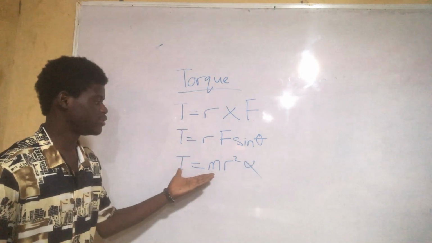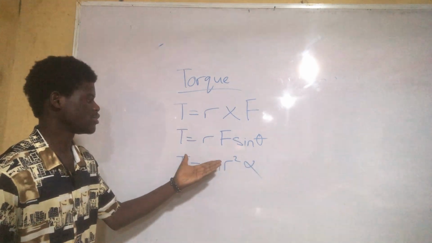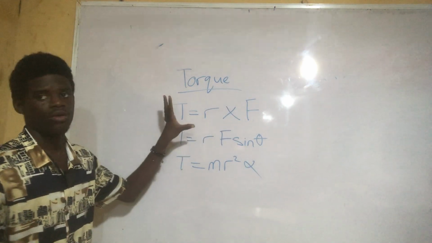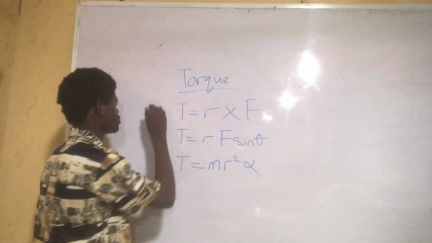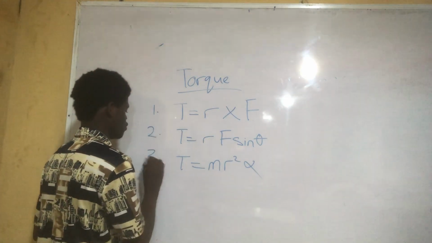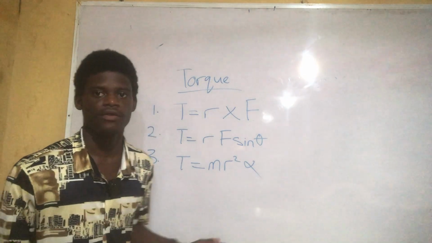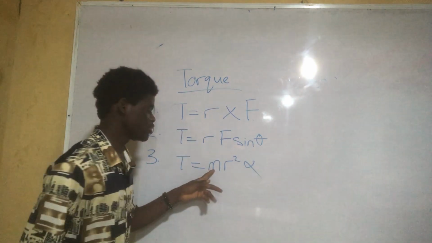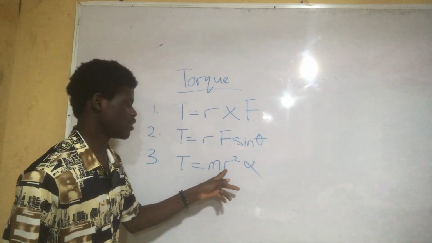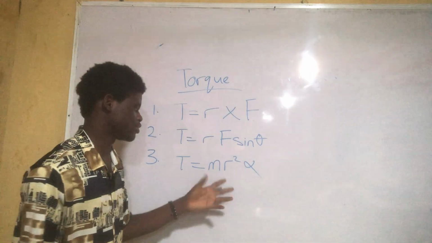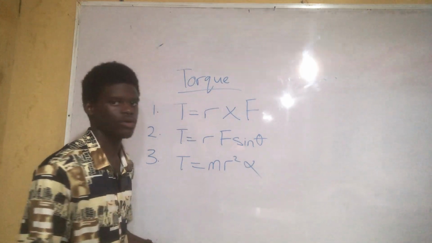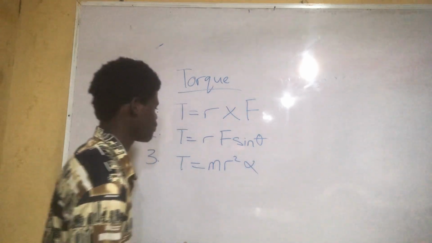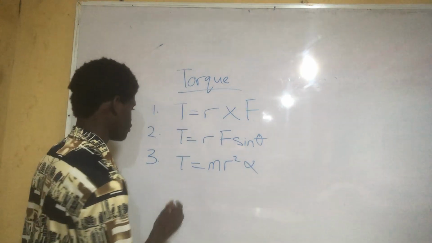There's a way they derived this, also from this formula, but we'll not be going there today because you just need to know the formula, and that's all. Derivation is for later. So this m here is mass, the r here is still the distance, while the alpha here is angular acceleration.